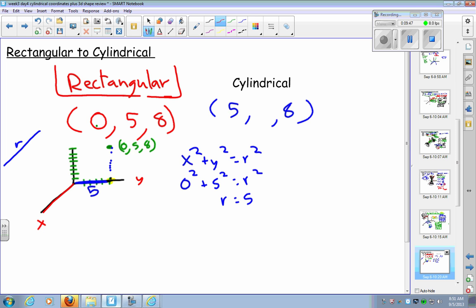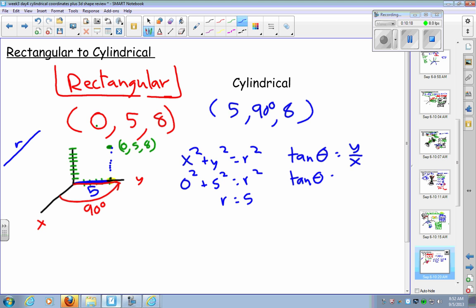Okay? And now the angle, visually remember, it comes off of the X going towards the Y. So it's here, but then it is how much rotation did I do until I get to that point. And if you see it, I swoop through all the way from here to there, which is 90 degrees. Okay, so that would be 90 degrees. And you could see that by saying tangent of theta is y over x.